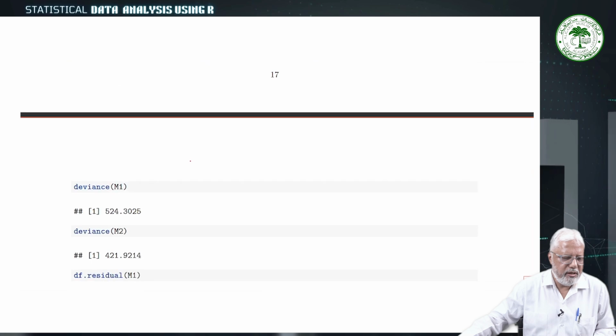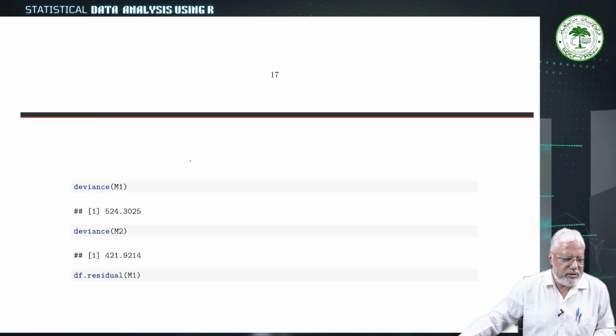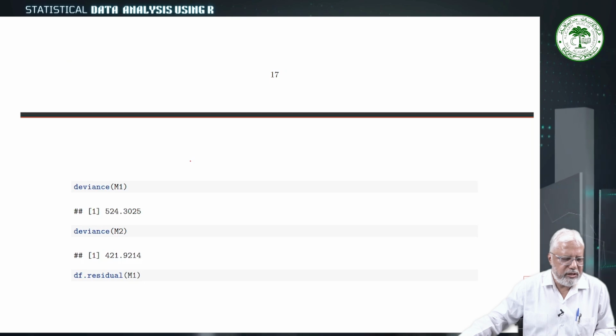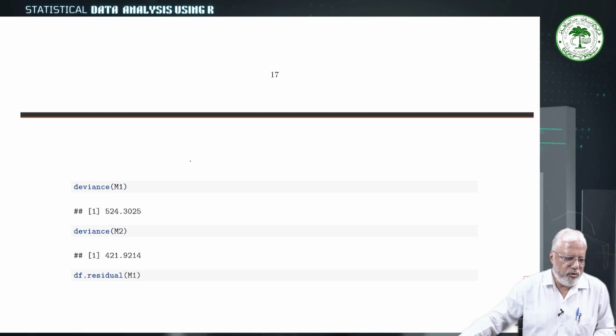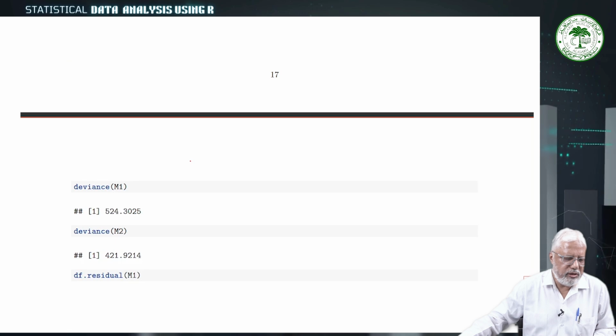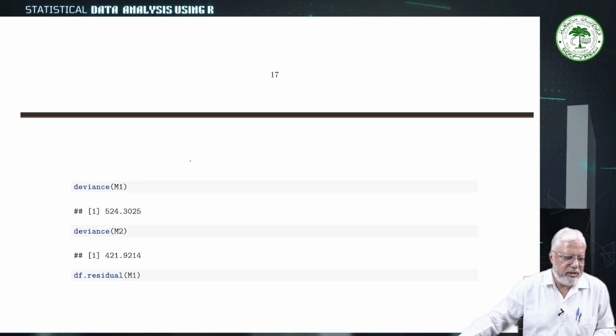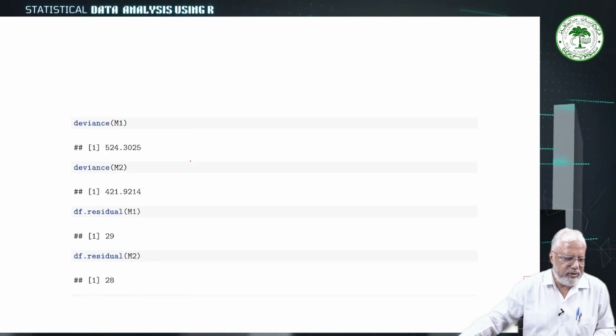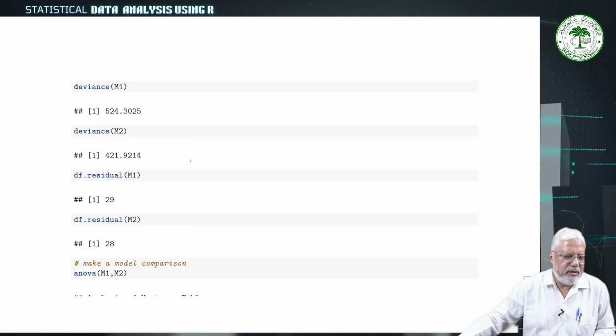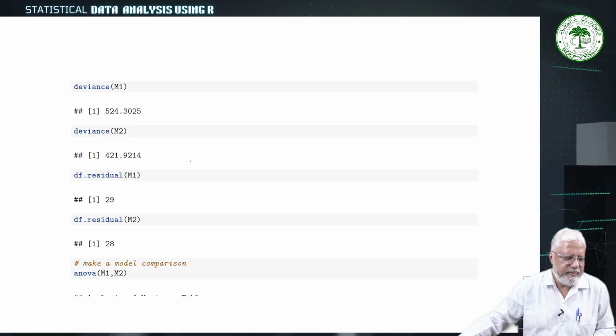See here, the deviance of M1 is 524, whereas the deviance of M2 is 421. So there is a big reduction, about 100, just by the addition of one parameter. DF residual of M1 is 29 and DF residual of M2 is 28.